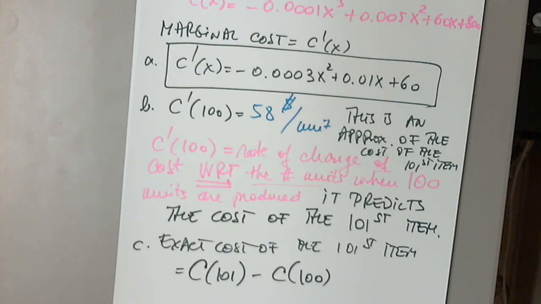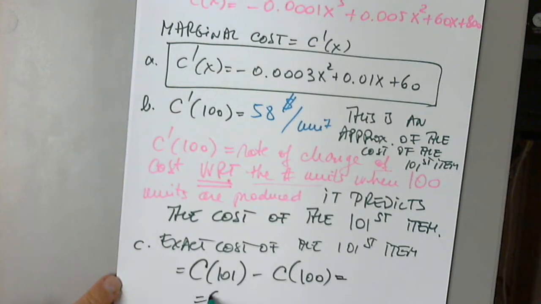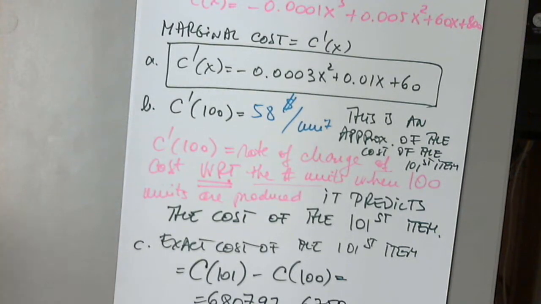Please go up and to the right and highlight that. So this is 6807.97 minus, and I think the other one, 6750. What do you expect the answer to be? Look again.